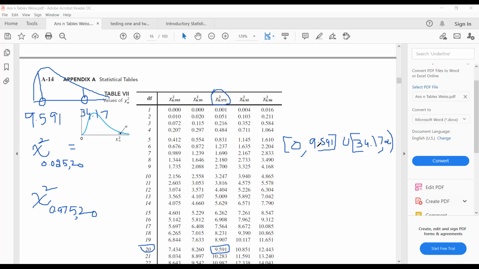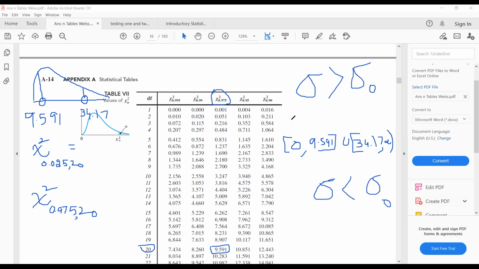And the conclusion, if it falls in the left interval, we can say that the population standard deviation is less than some number. If it is rejected from the right-hand region, our conclusion will be that the population standard deviation is larger than this number. These are the two conclusions.